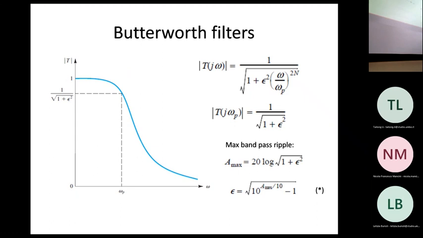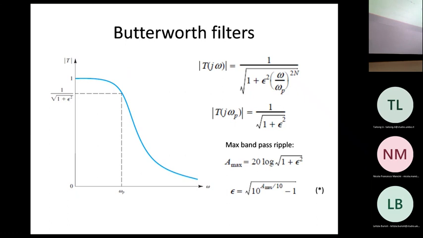Okay, so basically, if we get back to the definition of the parameters A max and A min in the filter specification, we know that A max is the maximum ripple that we have in the passband region, and therefore this limit is set in this family of filters by parameter epsilon.